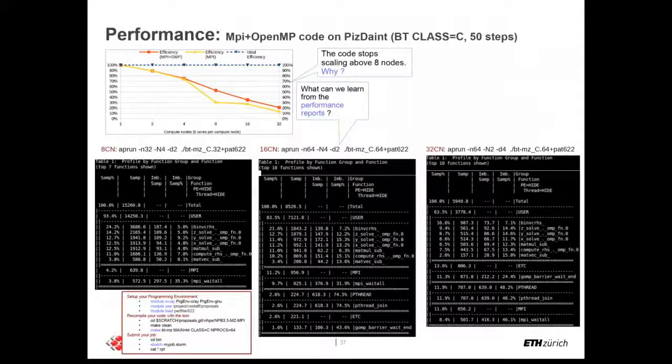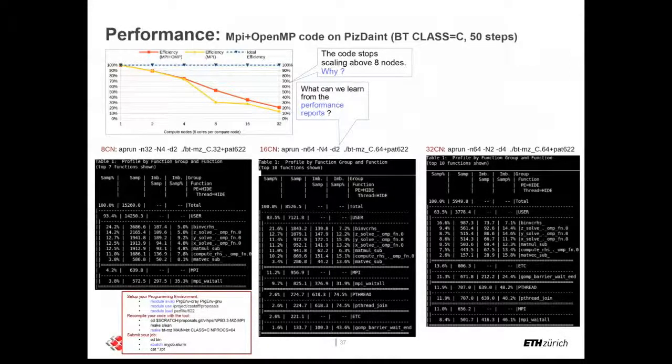So on 8 nodes, you can see that overall, you spent 93% of the total time doing some computation inside the user code, and I spent only 4% doing communication, and typically it was non-blocking communication.